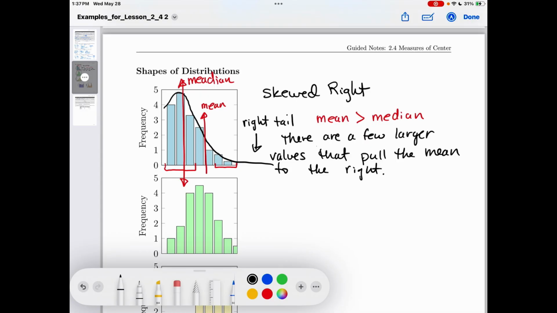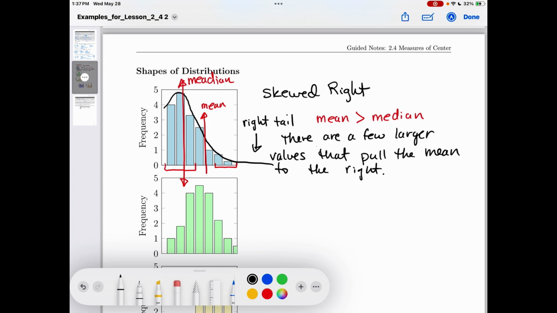So to understand what I mean by pulling to the right, let's relate it to something that we're really familiar with. Let's think about test scores. If you were in a statistics class and the majority of people had a test score in the 70s, your average might be, say, 75. But then maybe you have a couple of people in the class that really did well and got near perfect scores, so they have a couple of grades that are in the high 90s or even 100.